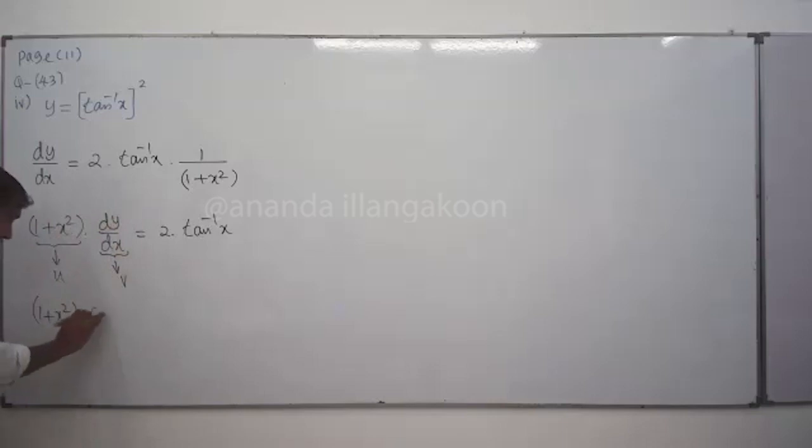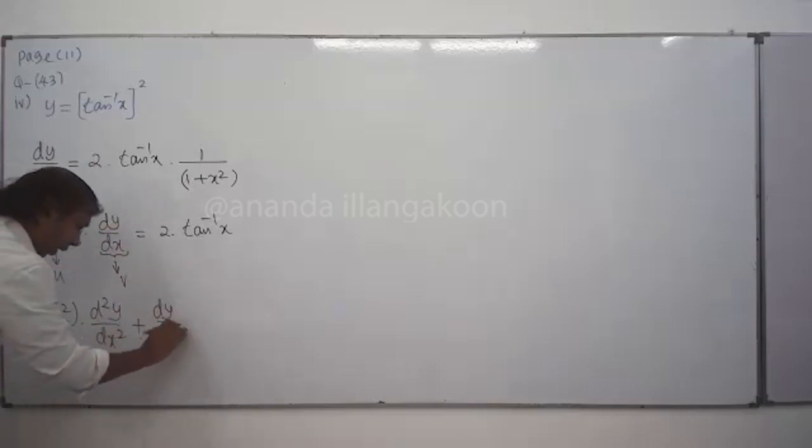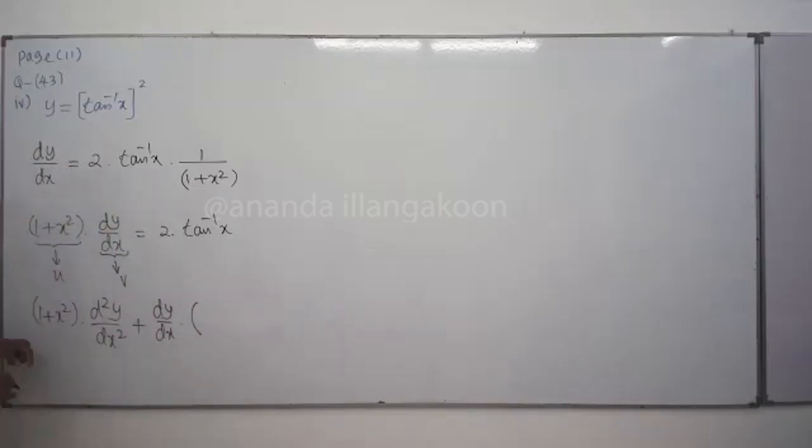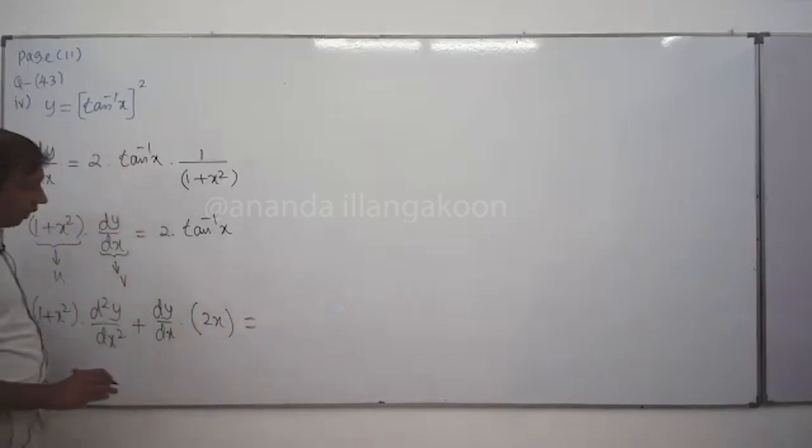When you differentiate that, again we get the second derivative d2y over dx2, plus keep this v, the dy by dx, as the same. That should be multiplied by the derivative of this u function. The u function contains first 1. It is a constant alone. Derivative is 0, plus x squared, derivative is 2x. Right, equals. Now come to the right hand side.